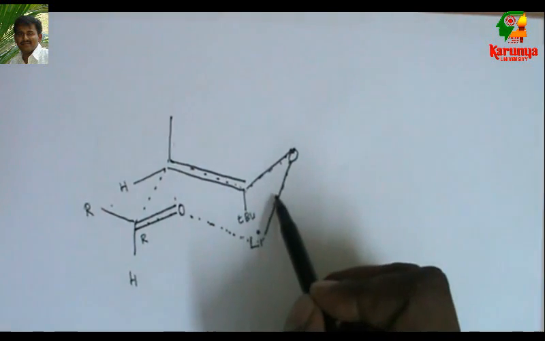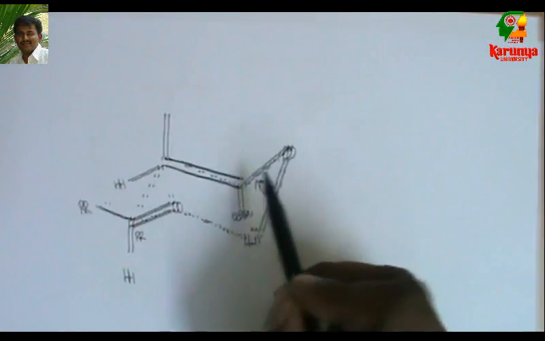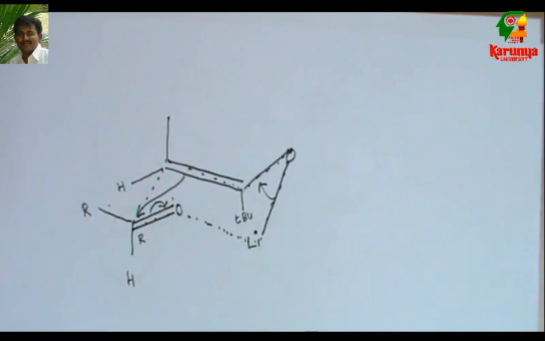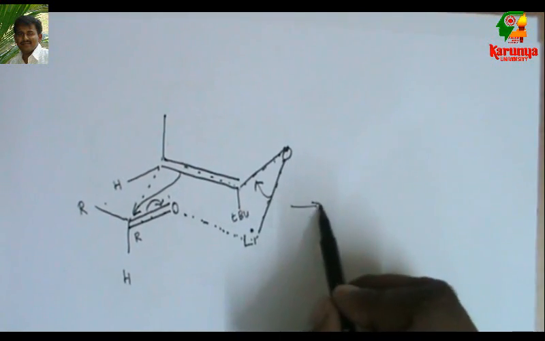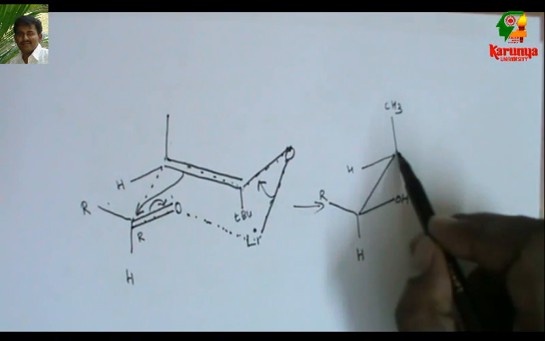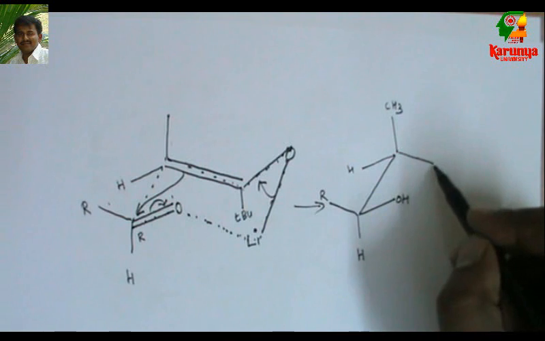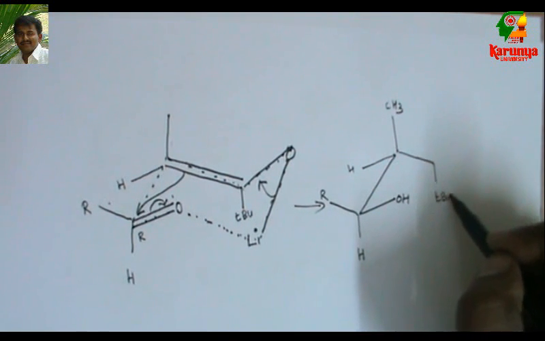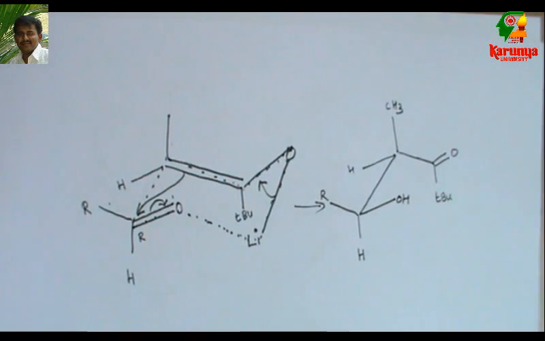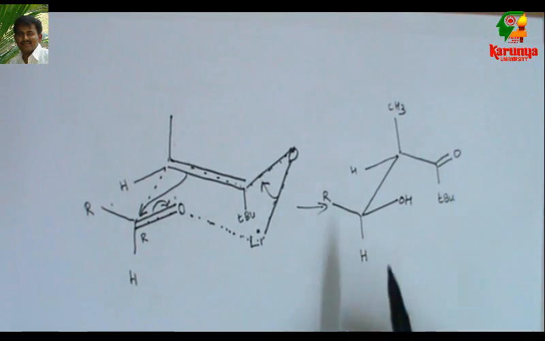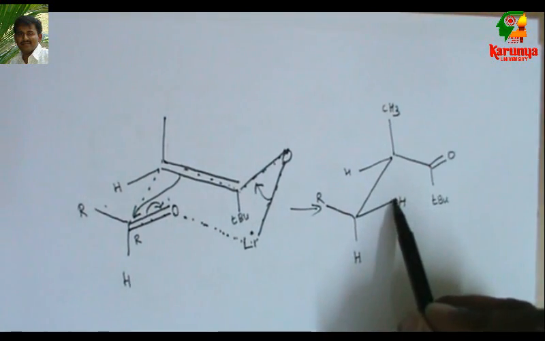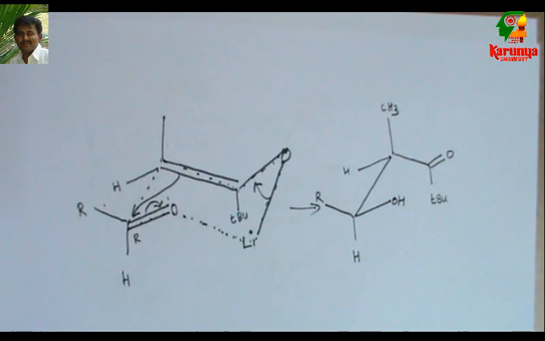Now this falls here, this double bond attacks here. So what I get is here, hydrogen is here, then tertiary butyl, CO. You can see here this CH3 and this OH, they are syn.